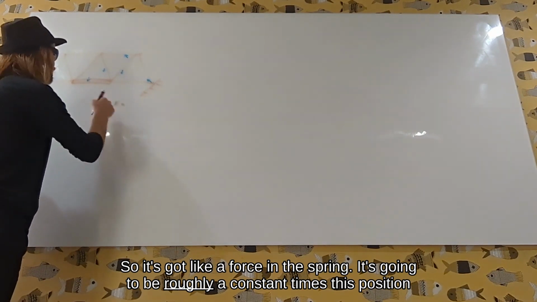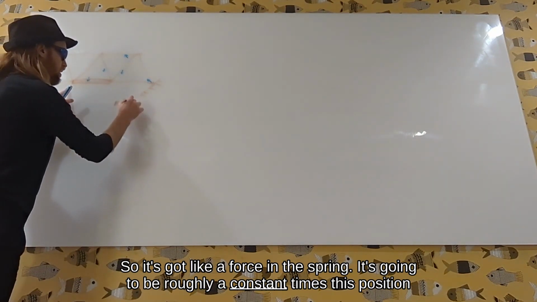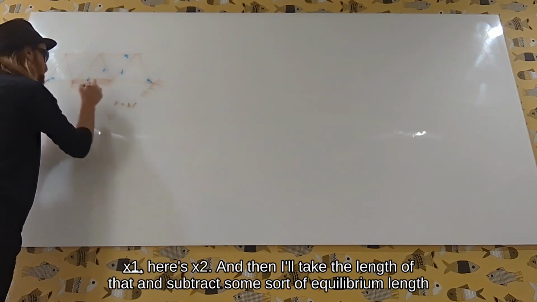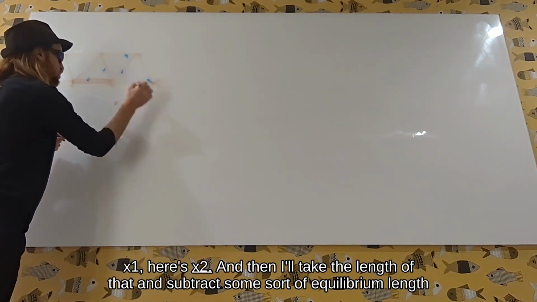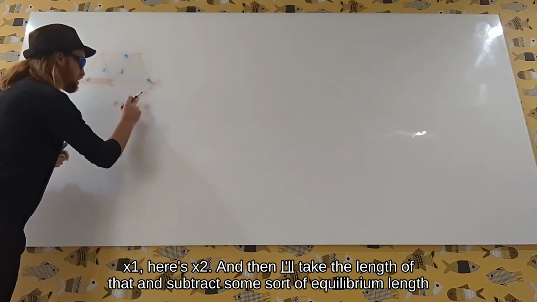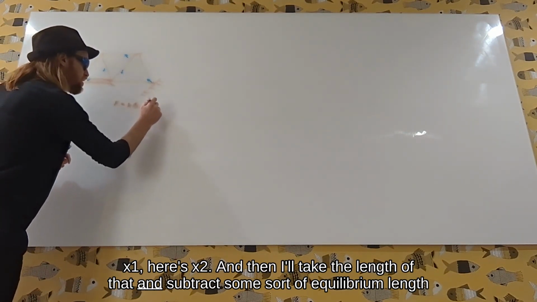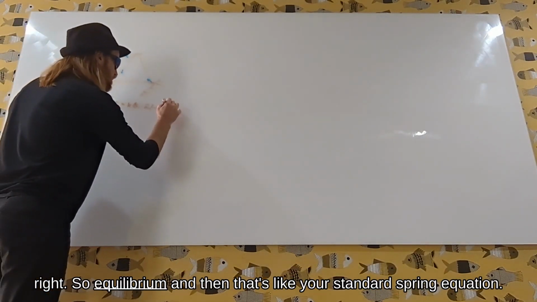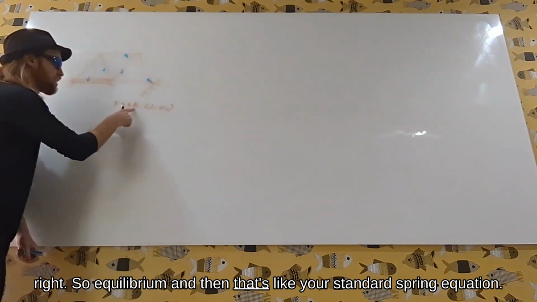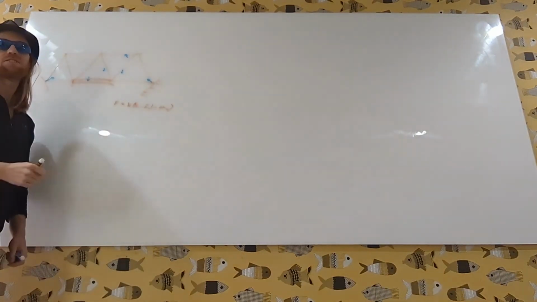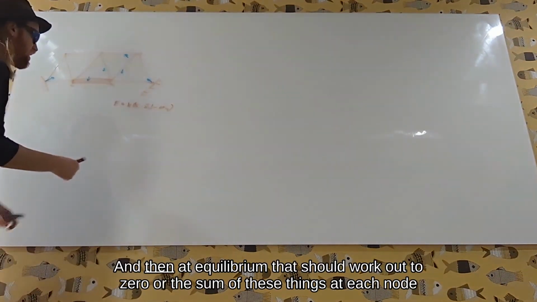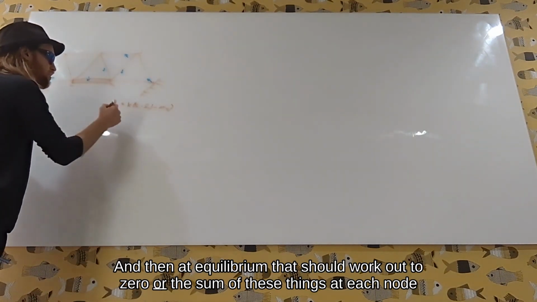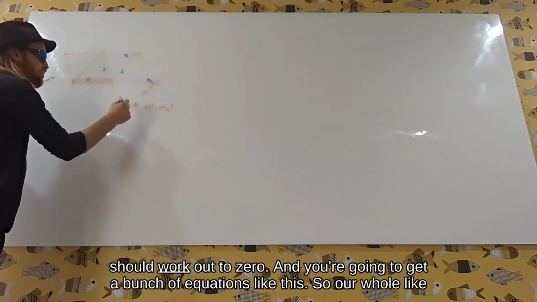It's going to be roughly a constant times the position x1, here's x2, and then take the length of that and subtract some sort of equilibrium length from it, right? So x equilibrium, and that's your standard spring equation. And then at equilibrium, that should work out to 0, or the sum of these things at each node should work out to 0.